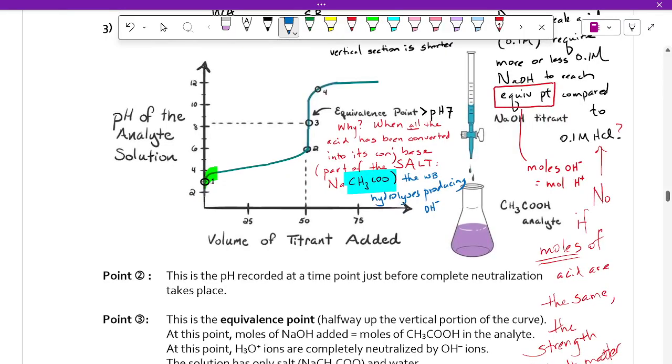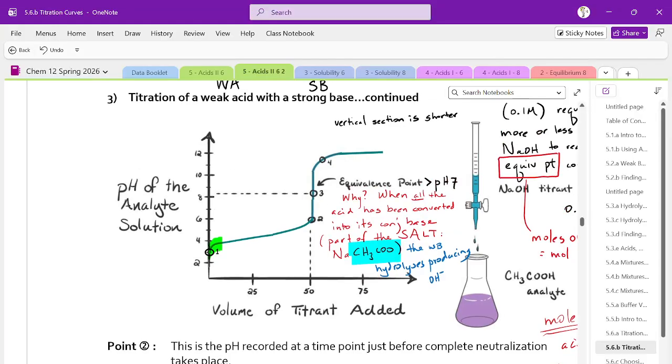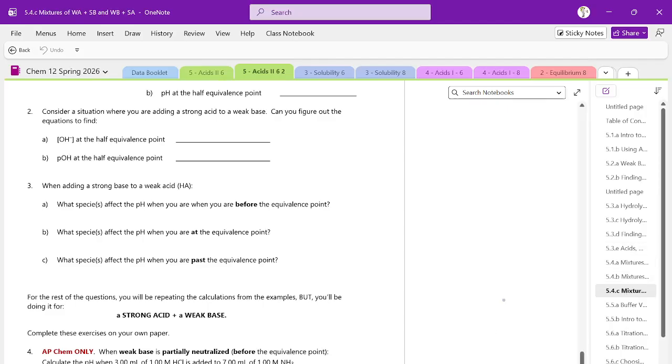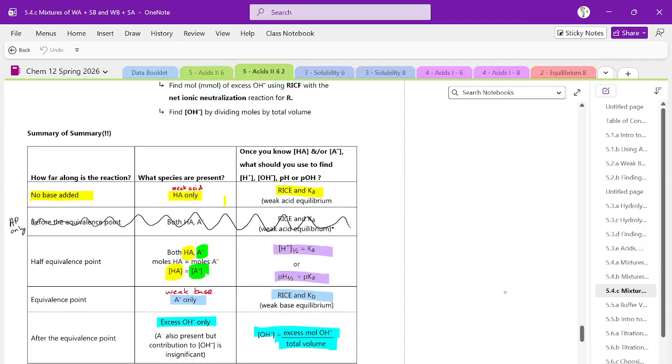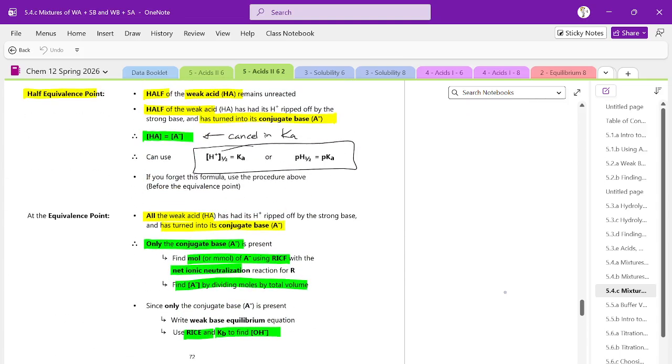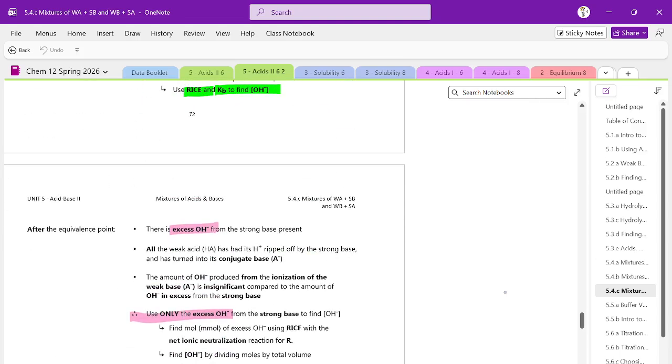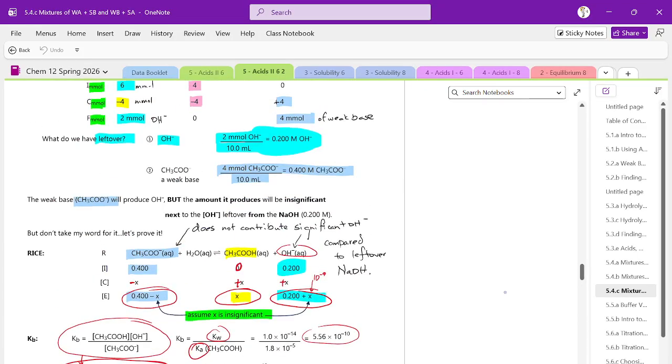And then after the equivalence point, what have we added? We've added more base. I don't know if you remember, but back when we were in mixtures of strong acids and weak bases, after the equivalence point, we did a bunch of calculations, which you don't really need to do.